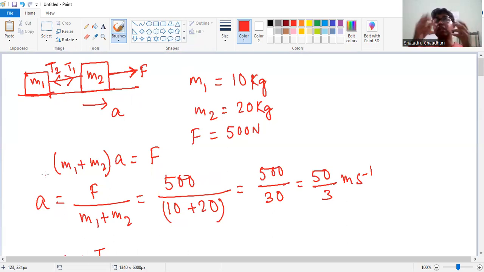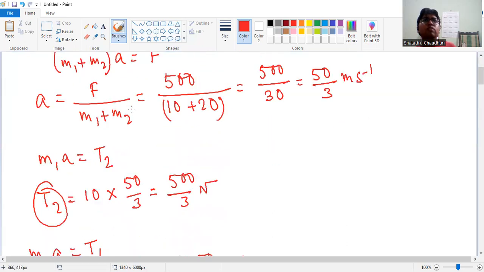So we see that when we pull an object in this particular fashion, as given in the diagram, obviously the tensions are different. The tension must be different, otherwise the object will not move.